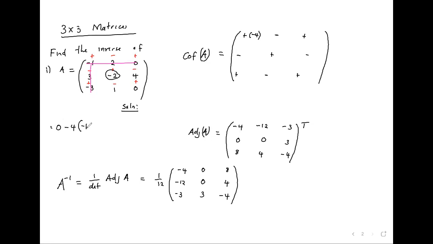Then 2 by -3, so we have minus 2 by -3, we'll get -6. So determinant A is equal to -4 by 5, which is equal to -20.